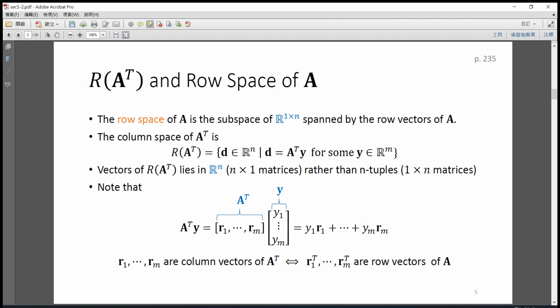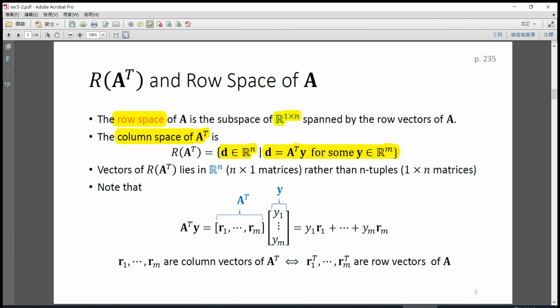The row space of A is the subspace of R^(1 times n), which is spanned by the row vectors of A. Because each row of matrix A corresponds to a column of A transpose, next we consider the column space of A transpose, which is the collection of all vectors d in R^n such that d equals A transpose y for some y in R^m.